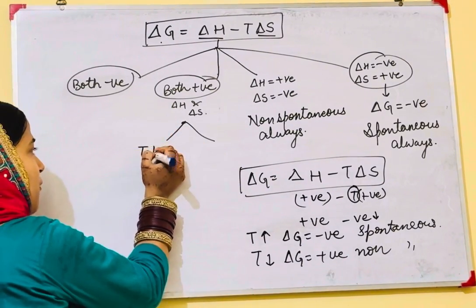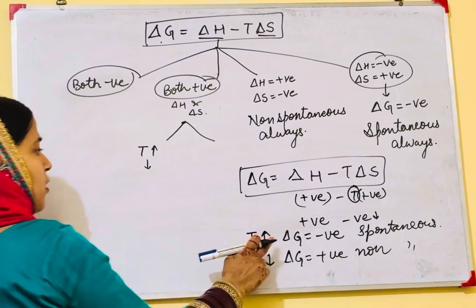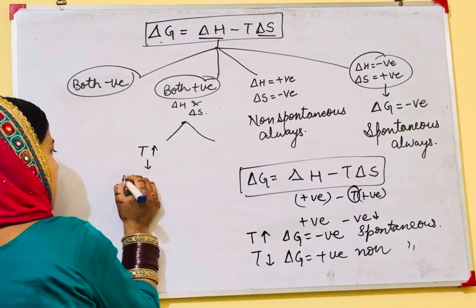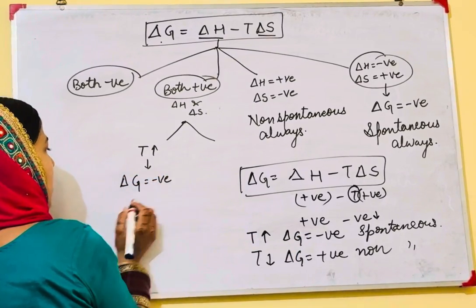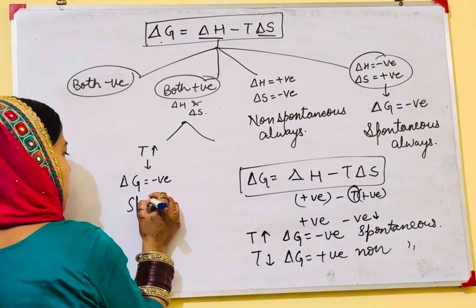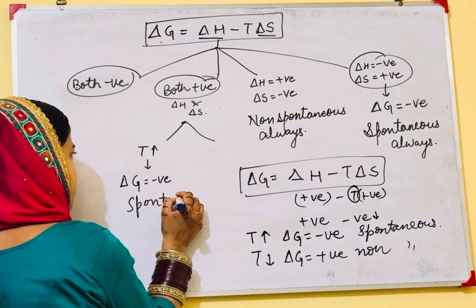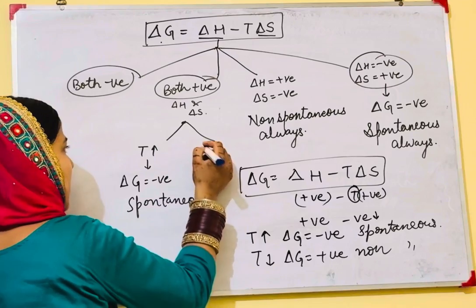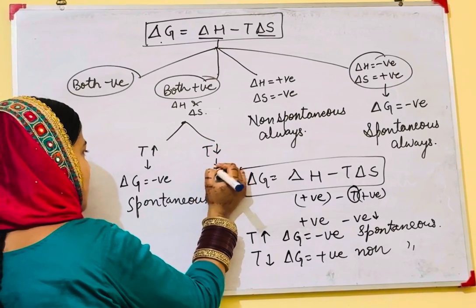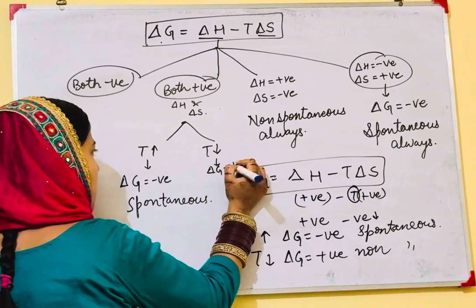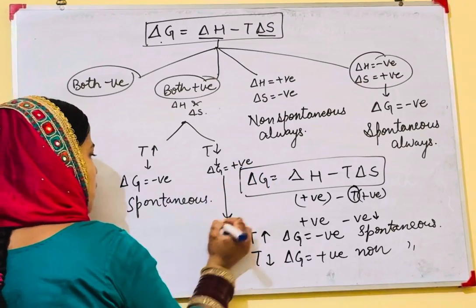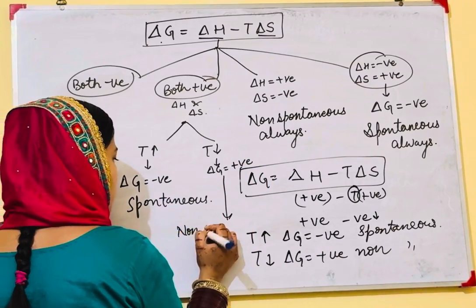If temperature is more, then delta G is negative and the reaction is spontaneous. And second case, if temperature is less, delta G is positive and the reaction is non-spontaneous.